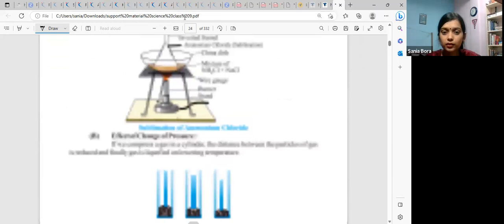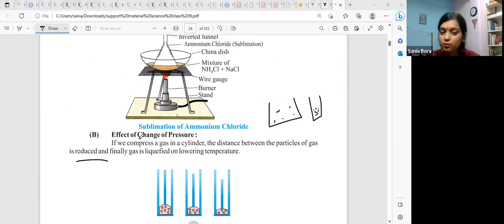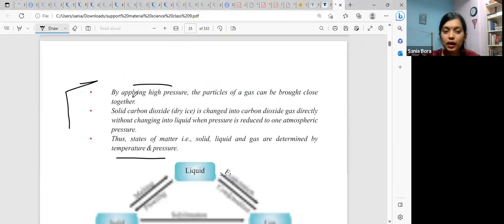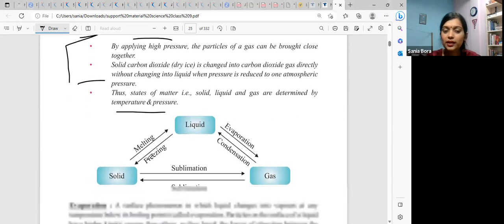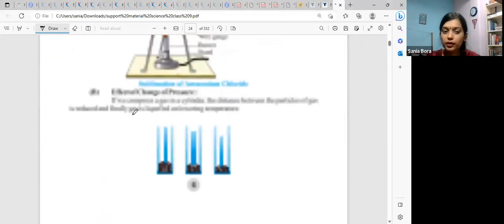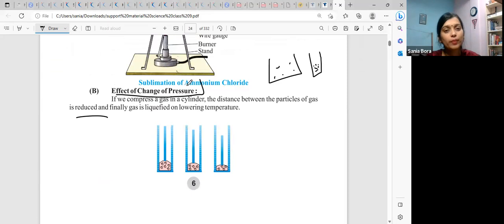Ayaan, am I audible? Yes, yes. Okay. So now you will just put B, effect of change in pressure. Just put a heading from here. After that, you will write these 2 points, only 2 points, and then you will draw this diagram. Give the heading B, effect of change of pressure.